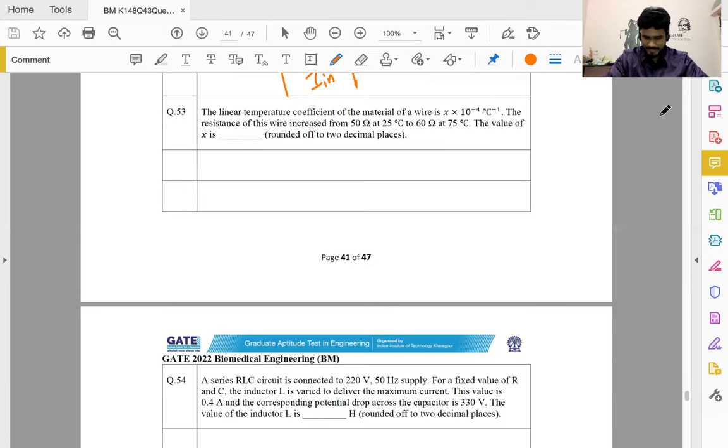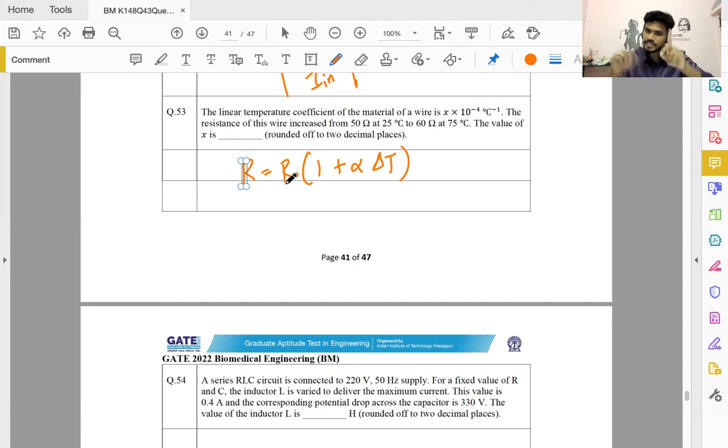So I'm going to say a detail that was taken for granted, R naught into 1 plus alpha delta T, needs to be carefully interpreted.